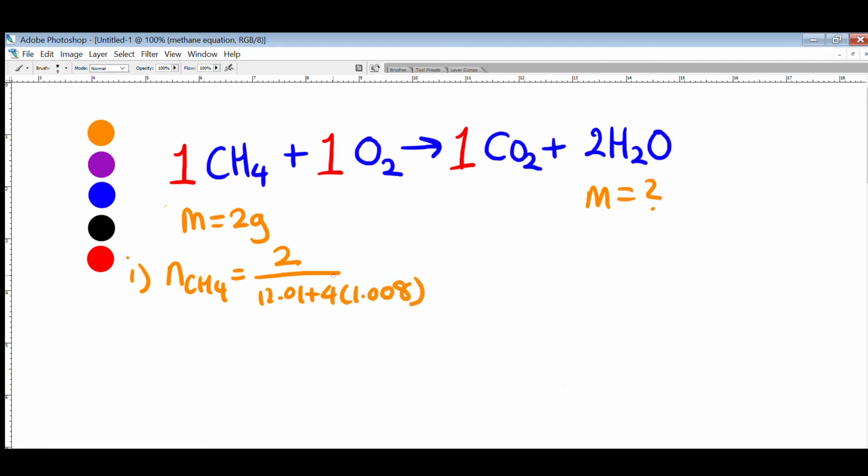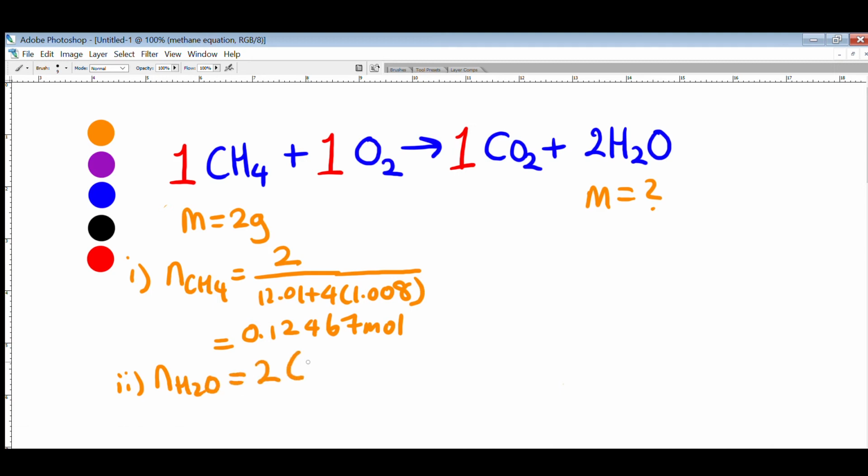So the moles of CH4 will be equal to 2 divided by 12.01 plus 4 lots of 1.008. And if you plug that into your calculator, you're going to get 0.12467 moles. Okay, so step 2 is now we can find the moles of water, which we know is a 1:2 ratio.